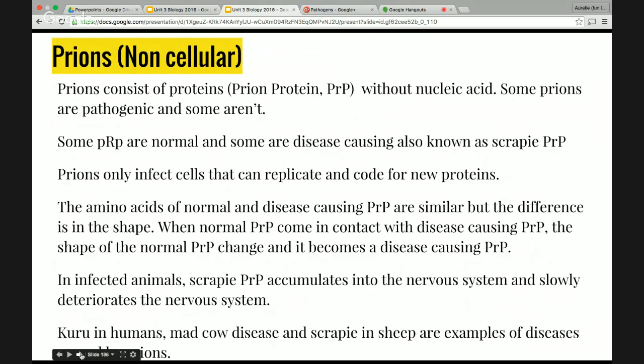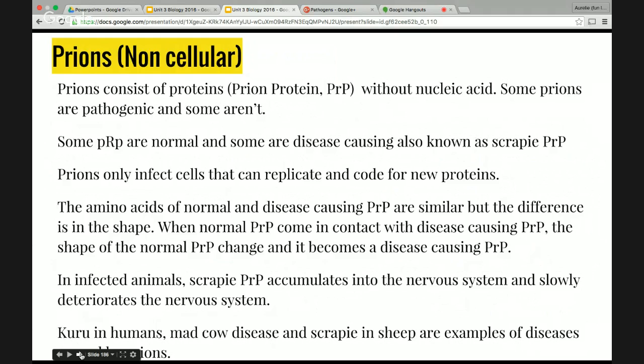The amino acids of normal and disease-causing PrPs are really similar. The only difference is they have a slightly different shape. When normal PrP comes into contact with disease PrP, the shape of the normal one changes and becomes exactly like the shape of a disease PrP.